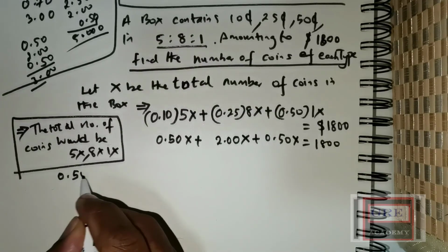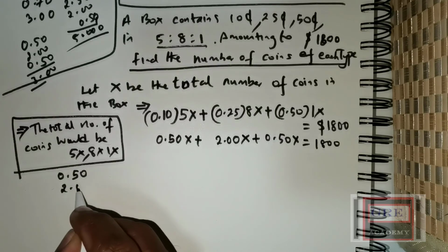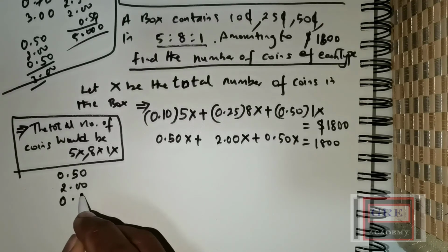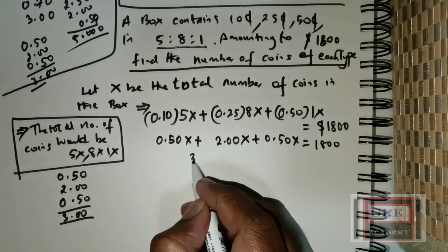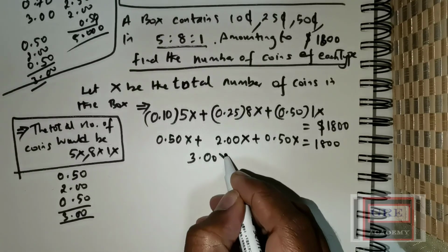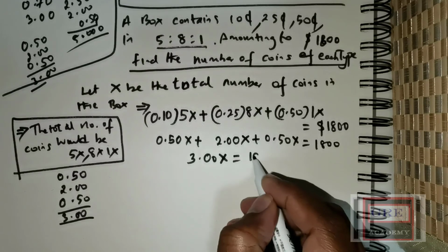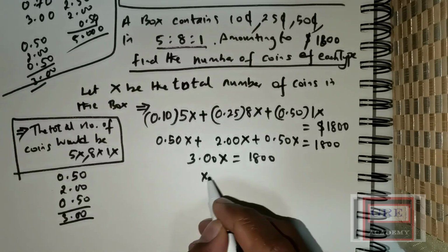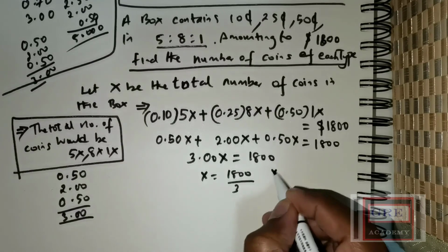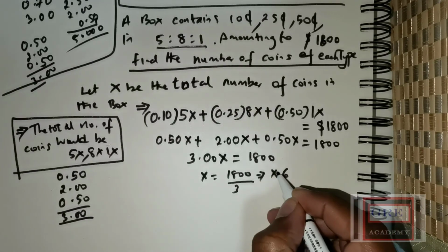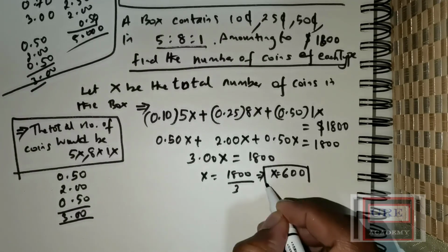So 0.50 added with 2.00 added with 0.50 would give me 3.00. So 3.00x is equal to 1800. x is equal to 1800 divided by 3, which means x is equal to 600.